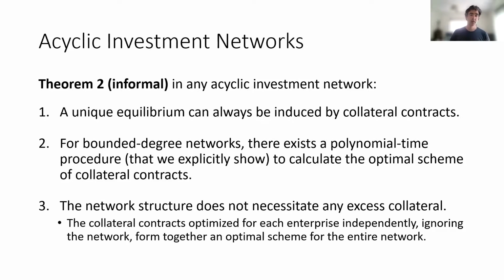And third, we show that the network structure does not necessitate, in fact, any excess collaterals. So this additional strategic risk from the network does not require additional collateral. In fact, the collateral contracts that are optimized for each enterprise independently, ignoring the rest of the network, form together an optimal scheme for the entire network.